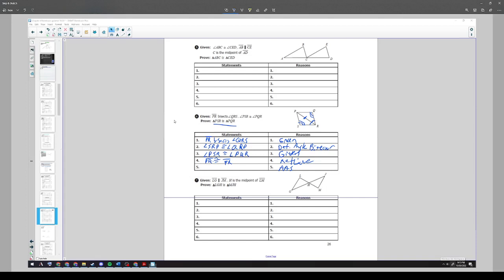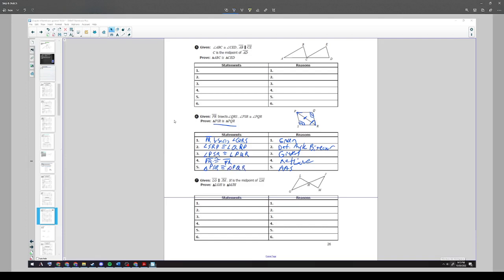But if it wasn't given and it said prove some triangles are congruent, we would check the order of things. So this one is named PSR. So it starts from the unlabeled angle, goes through the 2 mark into the 1 mark. So the other one, that would be PQR to follow that same pattern. So triangle PSR is congruent to triangle PQR.